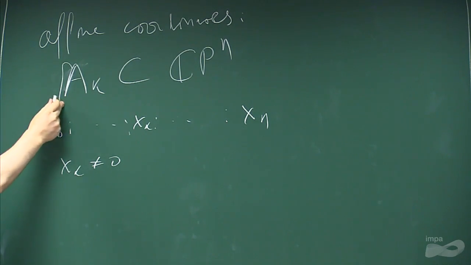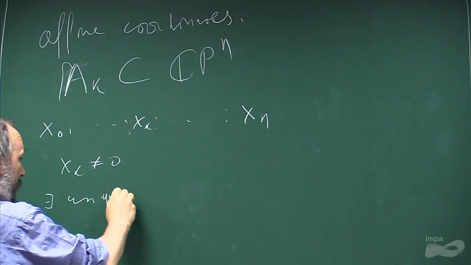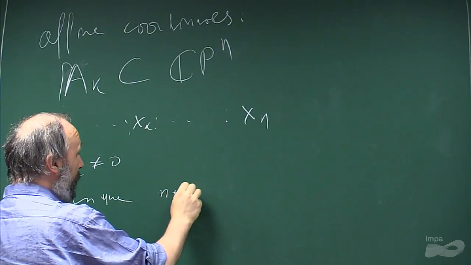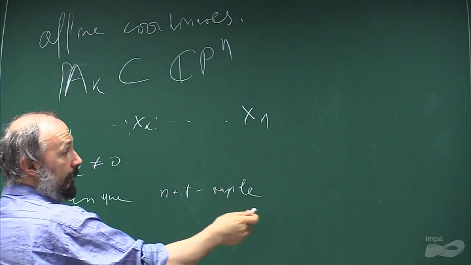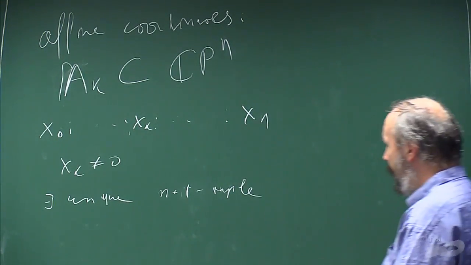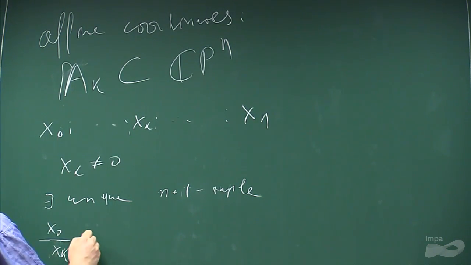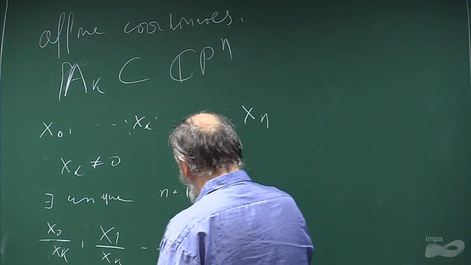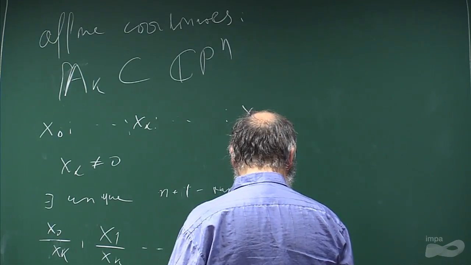This is the k-th affine coordinate patch, and there exists a unique (n+1)-tuple in the same set, taking an equivalence class under this equivalence relation, which is equal to x0 divided by xk, x1 divided by xk, and then you have 1 in place of xk, and so on, and then xn divided by xk.